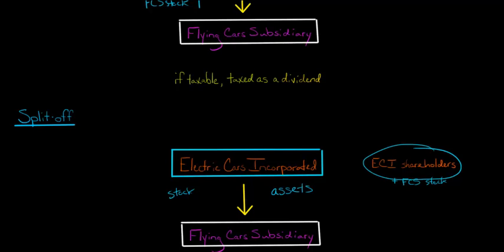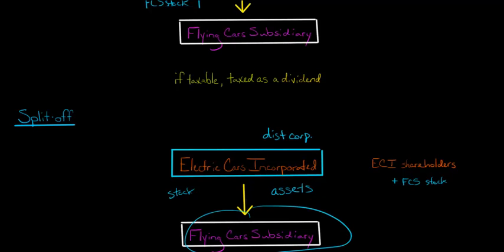Some of these ECI shareholders are going to be giving up their ECI stock, their stock in the distributing corporation. I know this is confusing, hang with me. We've got the distributing corporation, Electric Cars Incorporated, abbreviated as ECI. ECI is giving assets to this subsidiary. They're saying, let's create this flying cars subsidiary, we'll give some assets, and then they're getting stock in FCS.